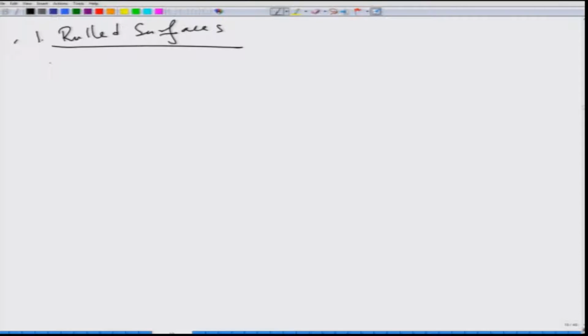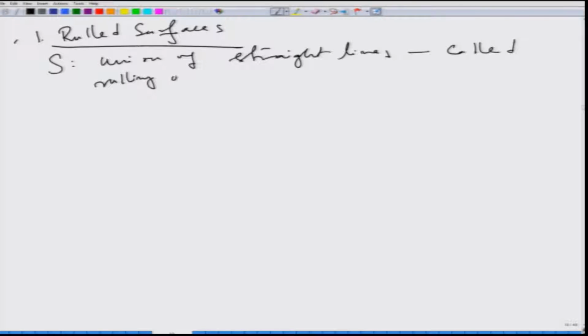A ruled surface S is just a union of straight lines, they are called the rulings of S. If I define it like this, it makes no sense perhaps, but it is like this.